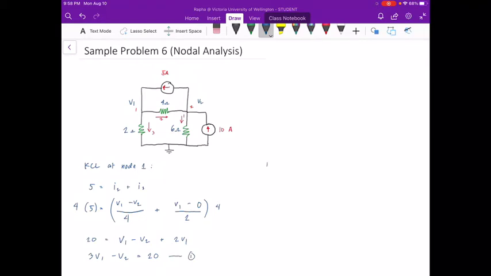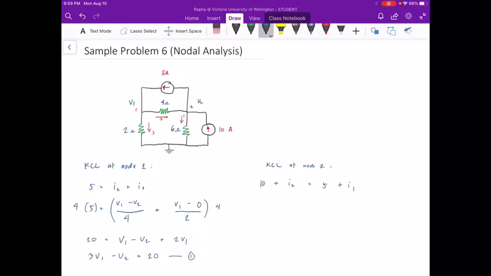Now let's do KCL at node 2. The currents entering node 2 would be 10 amperes plus I2, and the currents leaving this node would be 5 and I1.